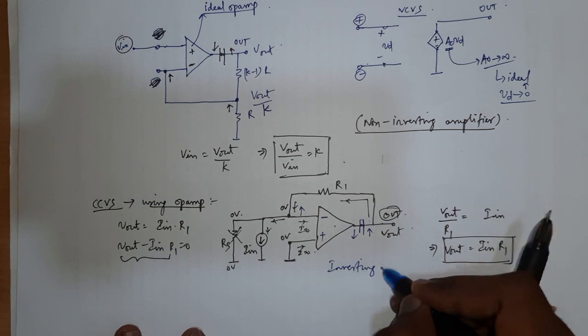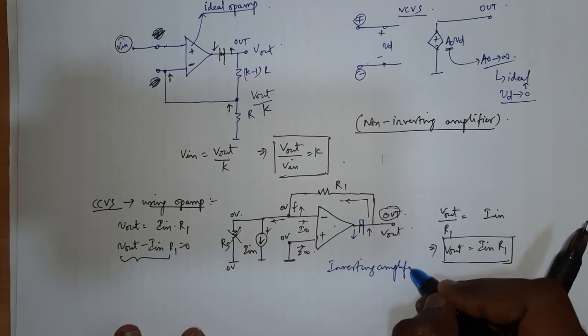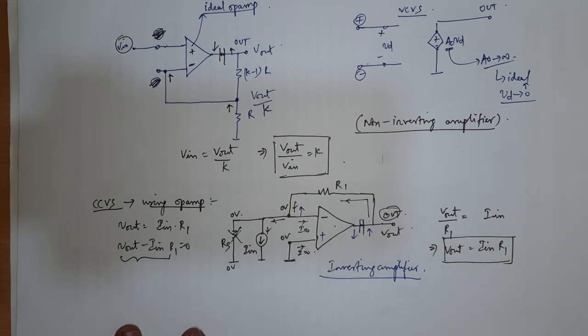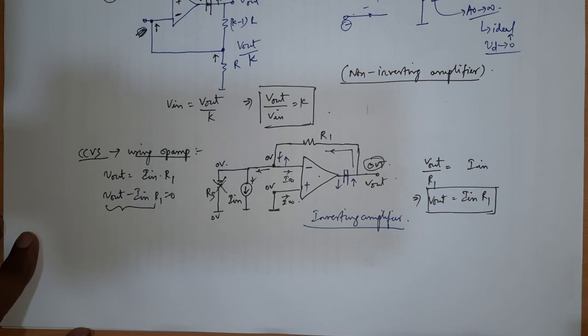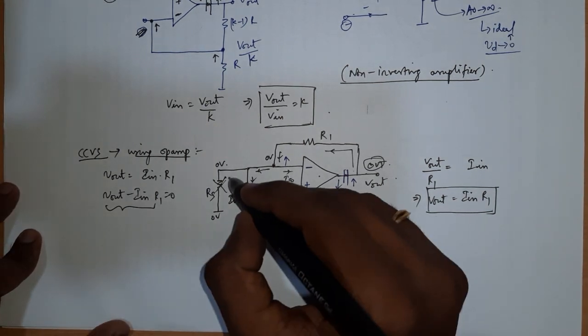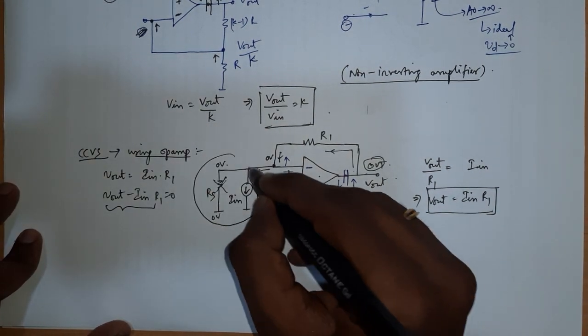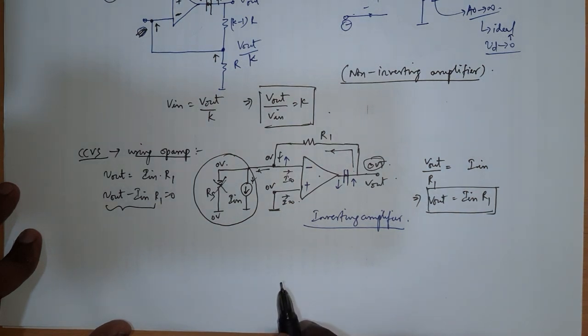which is a current control voltage source. Of course, as we discussed earlier in the context of MOSFET, this I in and RS can always be replaced with its own Thevenin equivalent.